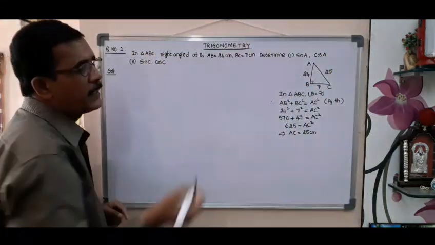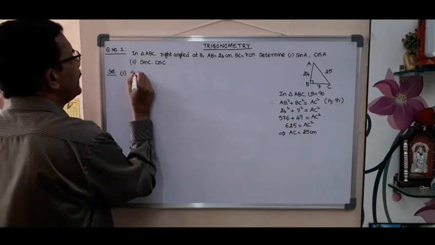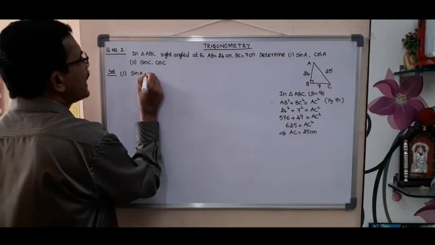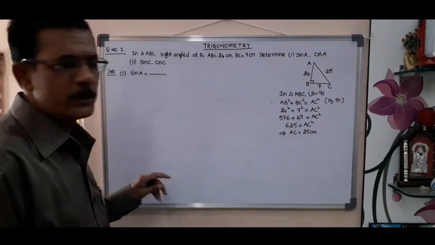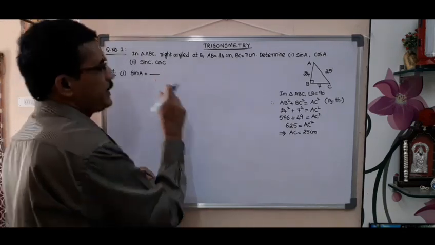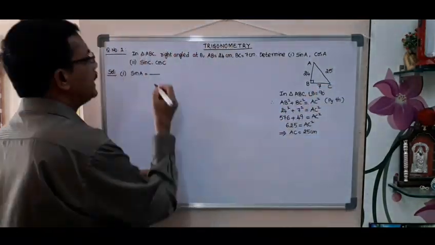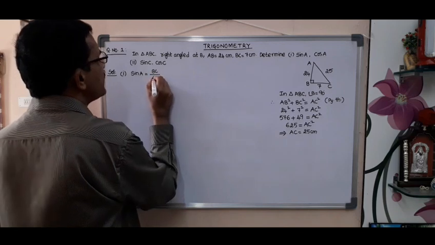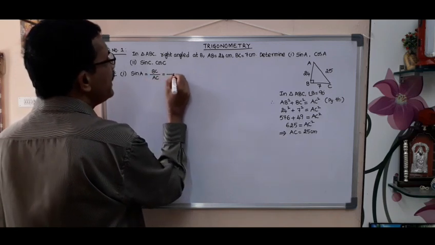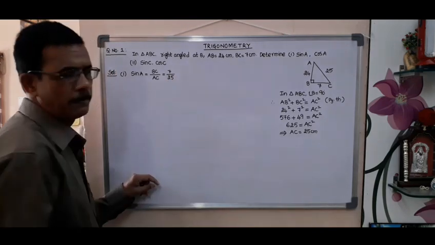Now let us find trigonometric ratios. First one, sin A. Sin A definition, opposite side to theta by hypotenuse. Here with respect to A, the opposite side is BC, hypotenuse is AC. So BC by AC, we have BC length 7 and AC length 25.